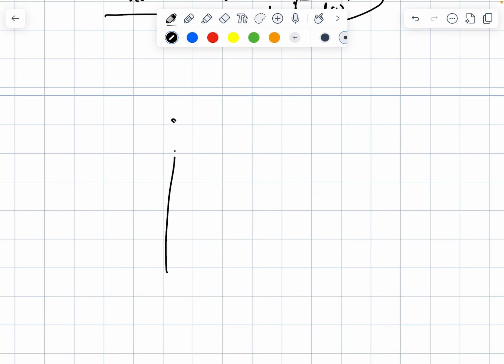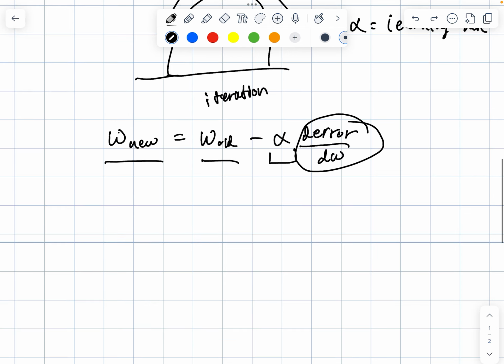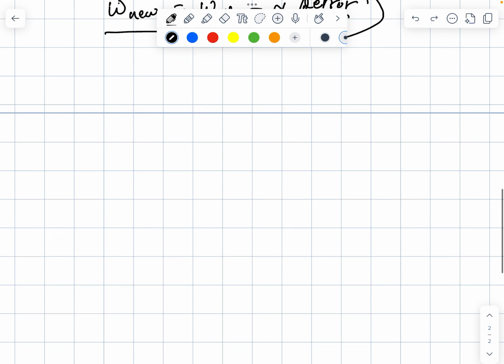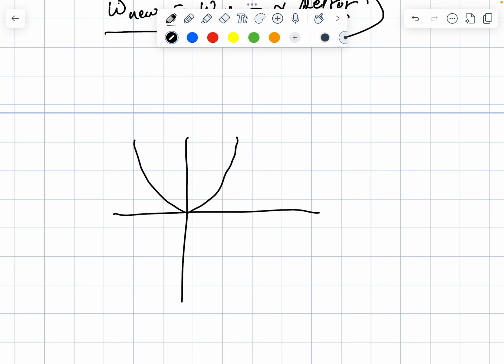And now I want to explain the equation. Why are we subtracting alpha times the derivative of the error, right? So let's go back to y equals x squared.